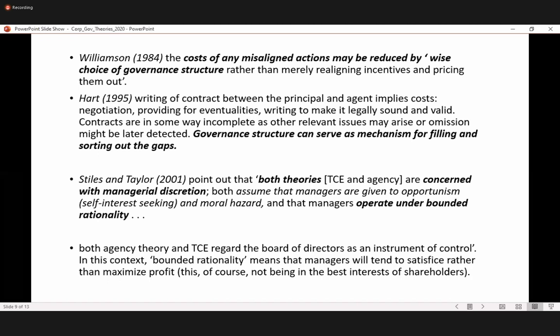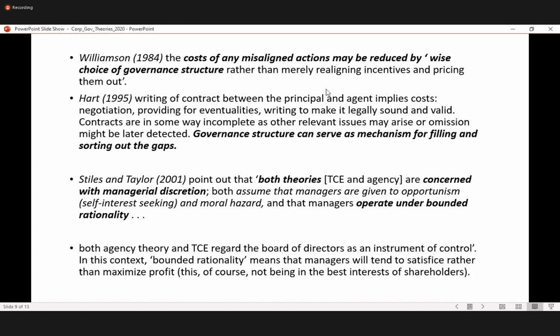that the agents will act for their own benefit, and that managers operate under bounded rationality, meaning that they only look for the most suitable solution given the present situation, but they don't really take the trouble to look for the best solution for the interest of the principal.